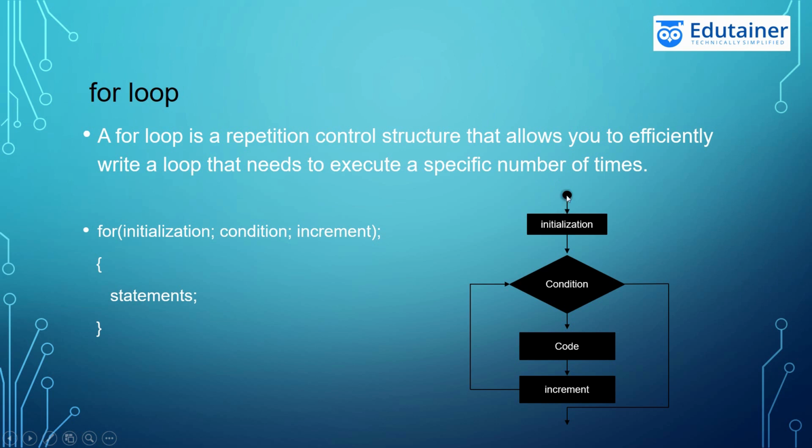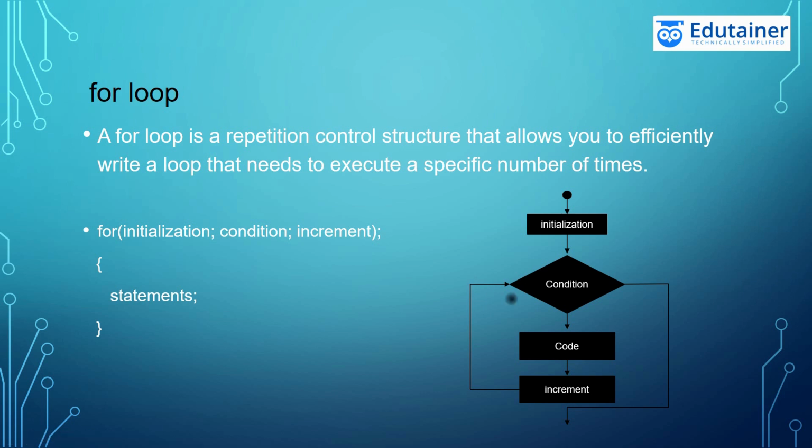Suppose this is your initialization. So you will be initializing. Then comes the condition. If the condition is true, it will move to the code and run the code, and then it will increment the variable. After the variable has been incremented, it goes back to the condition to check whether the condition is true or not.